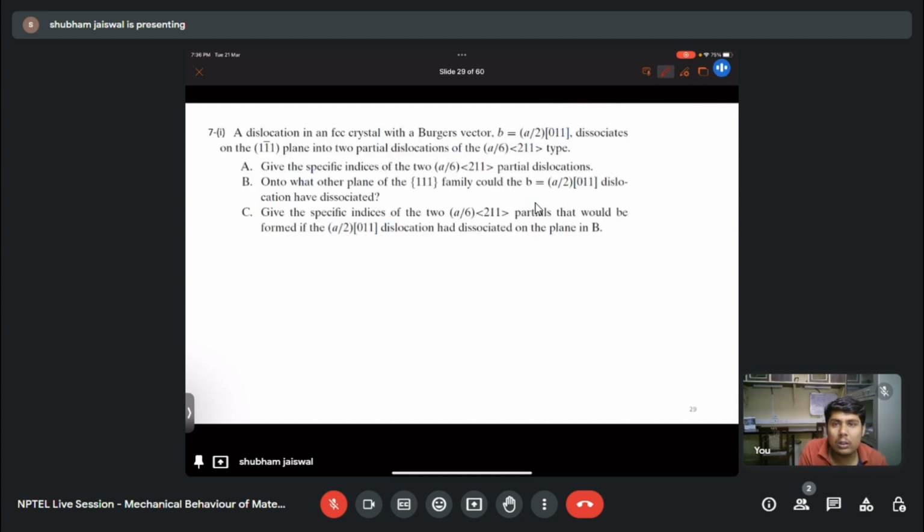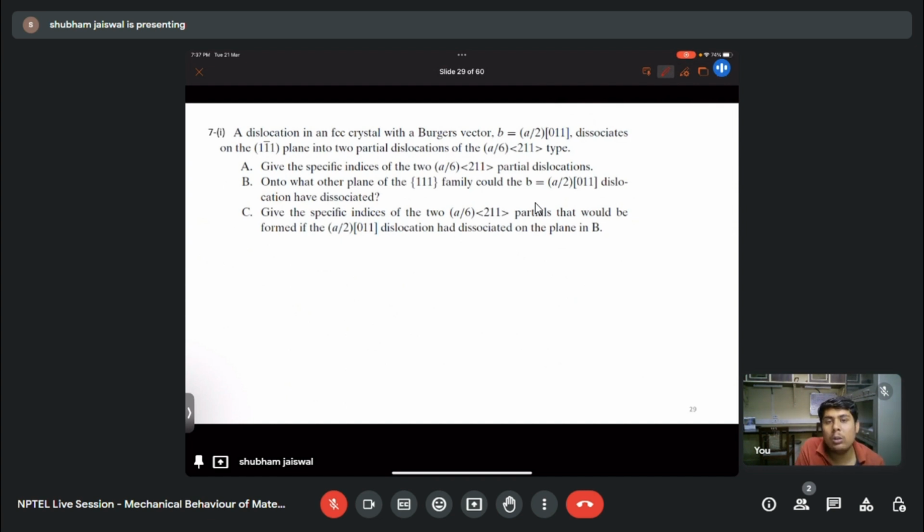Just this one question will consider all the concepts. So the question is like that: a dislocation in an FCC crystal with a Burgers vector b equal to a by 2 [0 1 1] dissociates on the (1 1 bar 1) plane into two partial dislocations of the a by 6 <2 1 1> type.